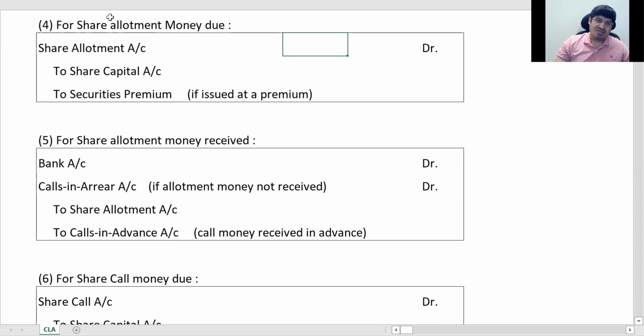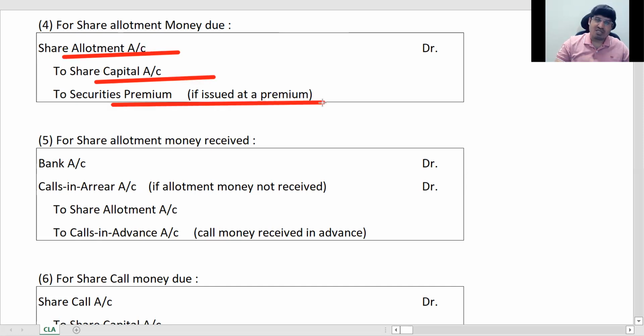So here, if you see, share allotment debited to share capital to securities premium. Securities premium normally will be here. It will not be with the application, but sometimes to confuse you, they can ask for premium in another installment, any other installment. Just be careful about that.